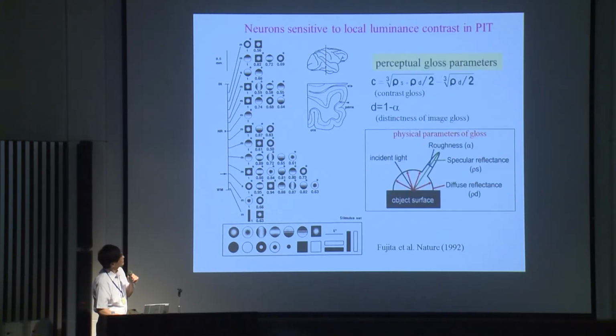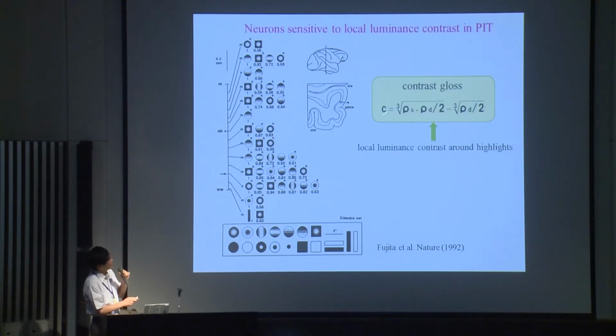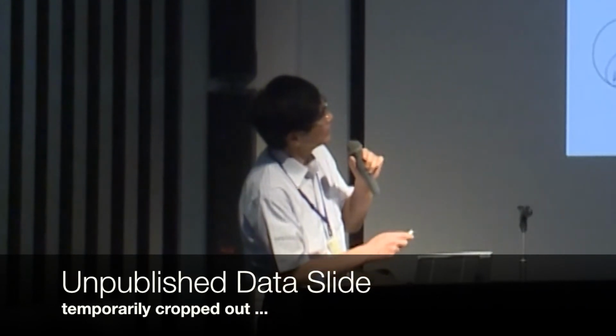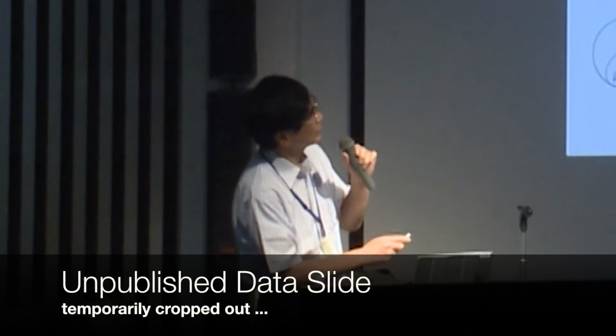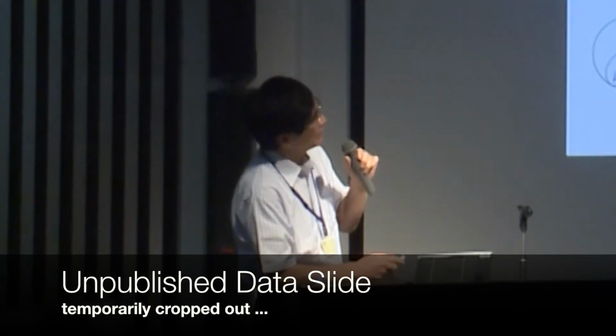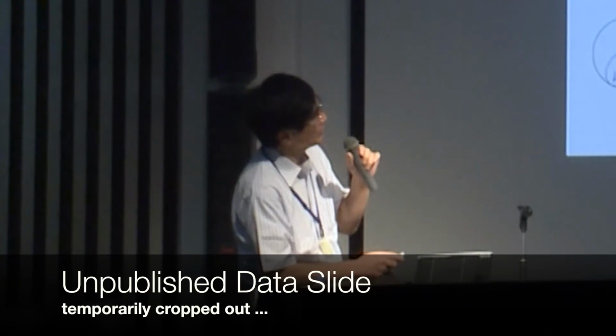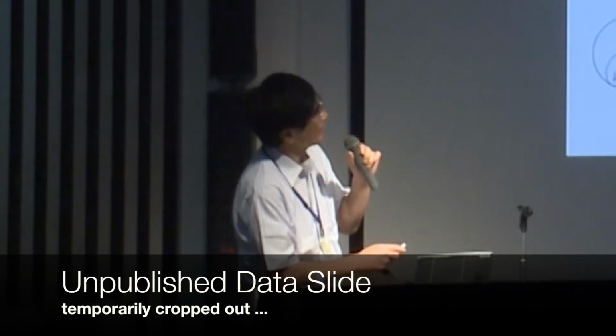Also, as you remember, these are the perceptual gloss parameters, C and D, and of these, C indicates local luminance contrast around the highlights. And also, we have previously found that neurons sensitive to local luminance contrast are clustered in the same area, slightly dorsal to the anterior end of the posterior middle temporal sulcus, like this.